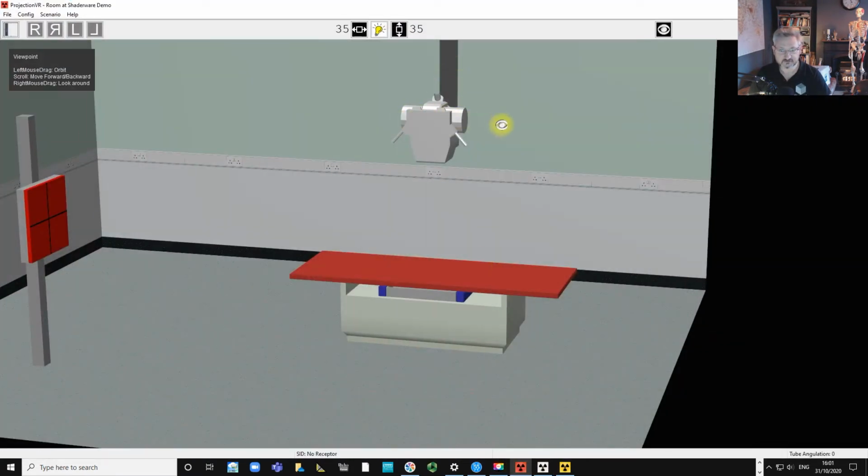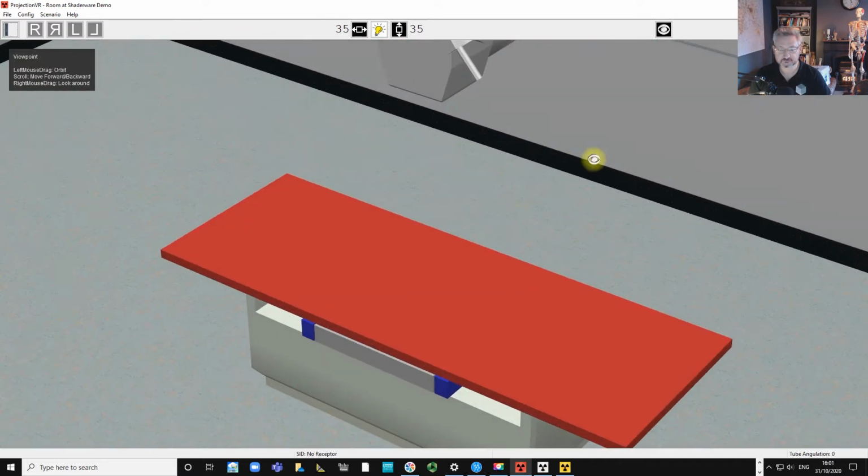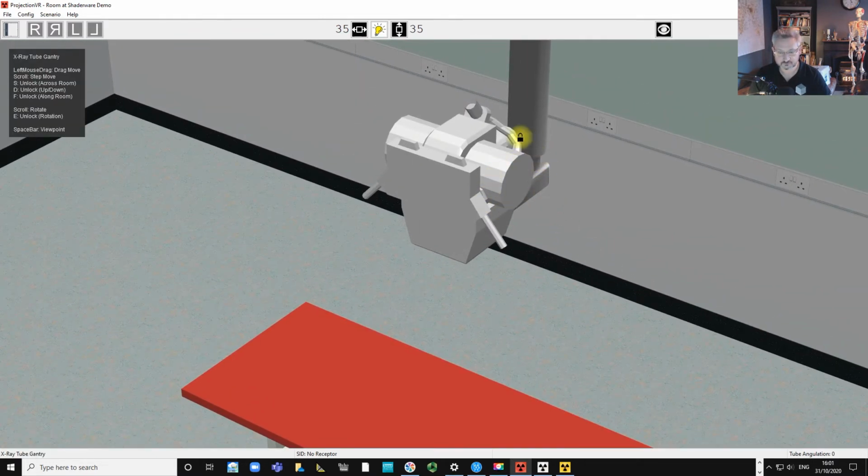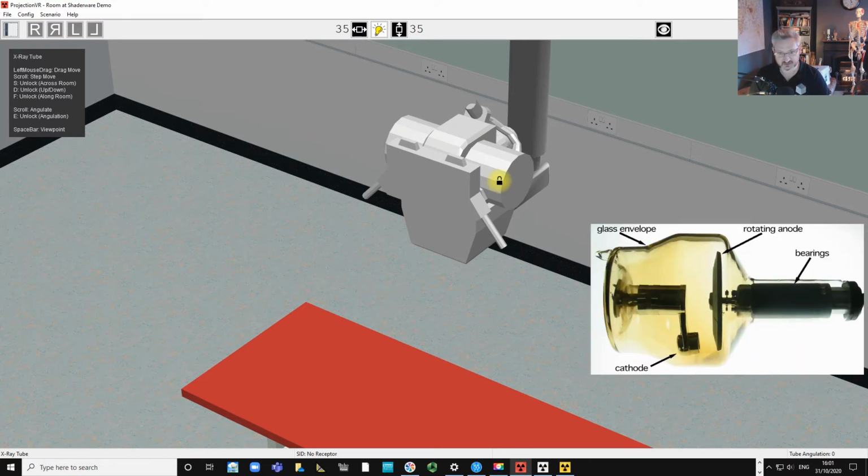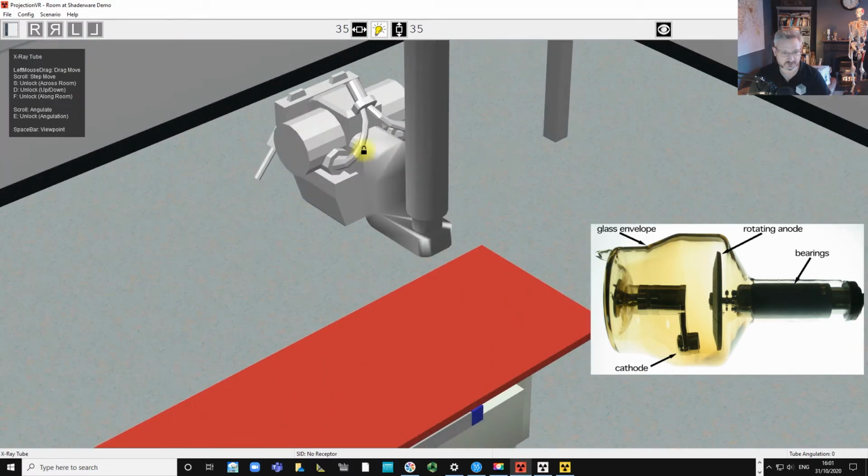Okay, so in this circular or cylindrical insert, there's a tube, and that tube is usually transparent, and it has electrodes in it. It has an anode and a cathode. These big wires here, part of which we can see, take those high voltages to the two electrodes.